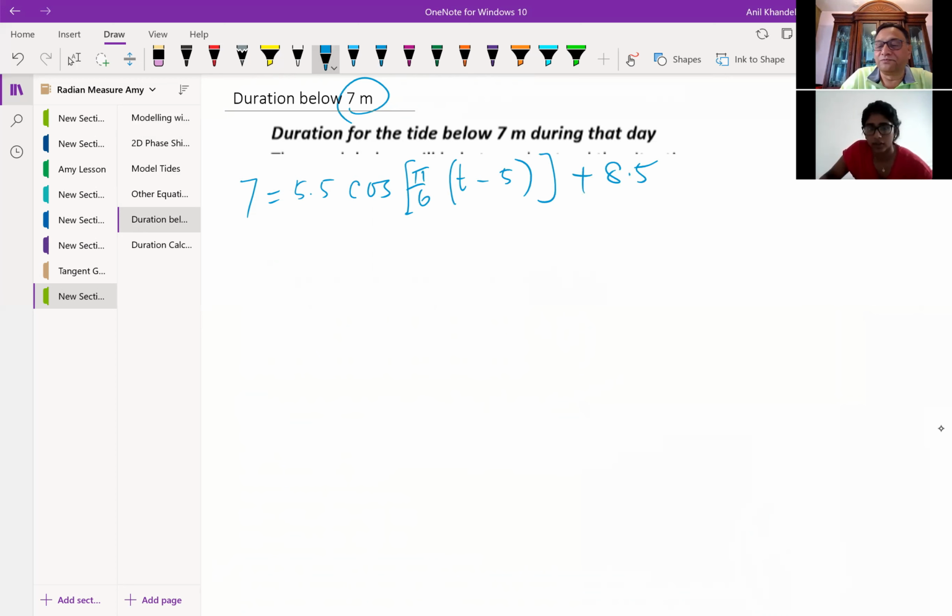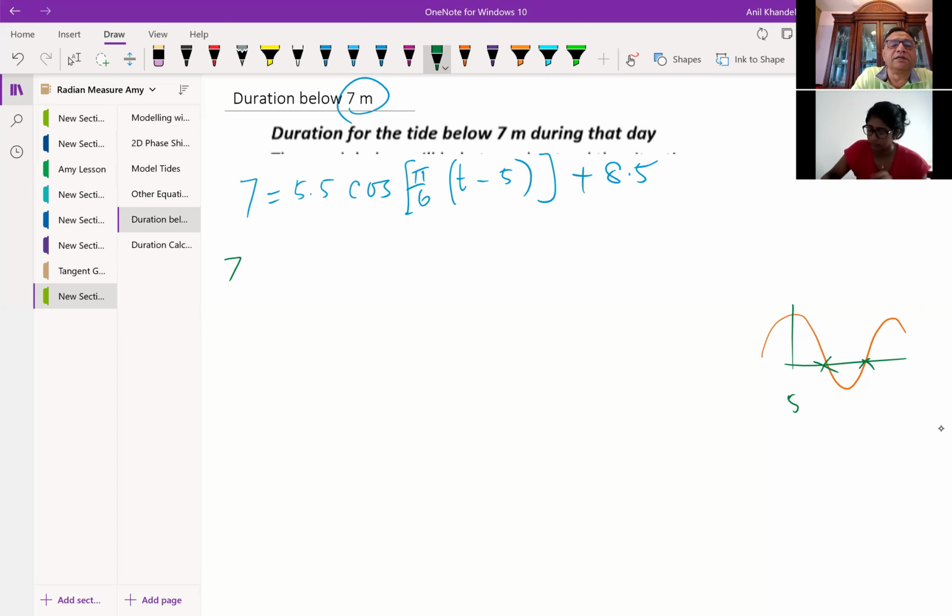We know there are a couple of points. So let me just draw this graph on the side. It gives you a fairly good idea of what we are trying to figure out. We want those points. We're starting here, and this was 5 for us. Now, what we will do here is solve by bringing 8.5 to that side.